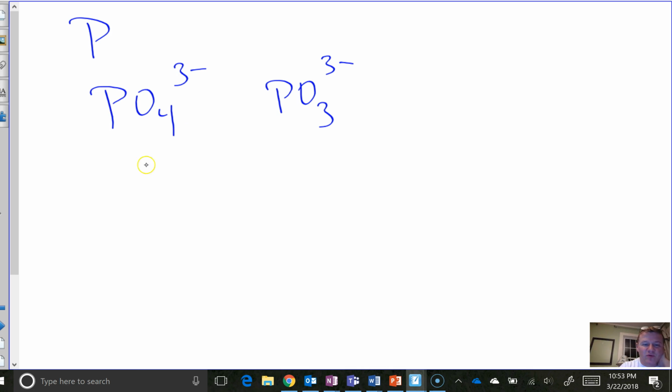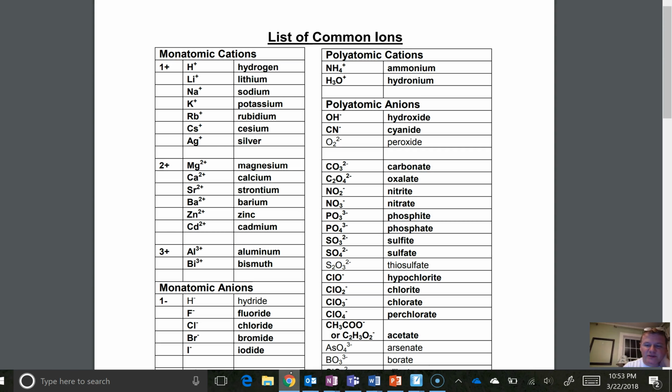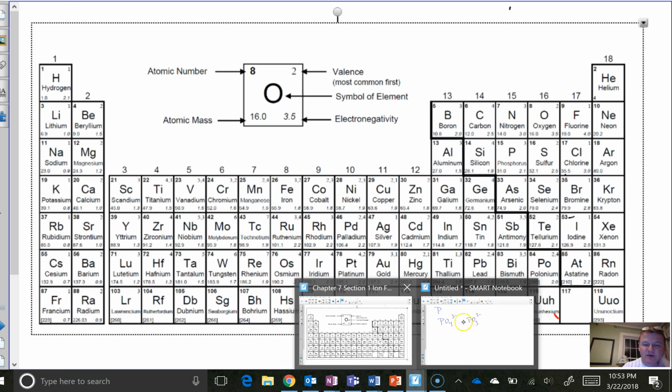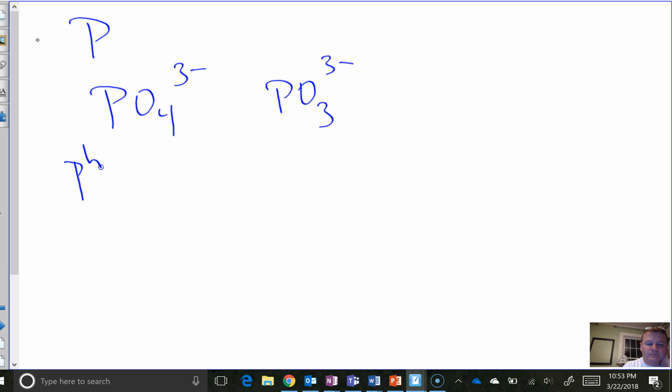So PO4 with a 3 negative we see is named phosphate with an ATE, whereas PO3 with 3 minus gets phosphite with ITE. Okay, so you may already start to see a pattern developing here with the way that these are named.